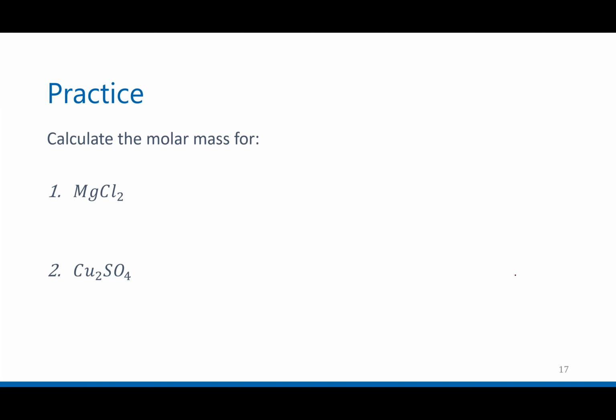So what I do is I look at the mass for magnesium. Let's write that down, Mg. You find magnesium on your periodic table in group 2, and the molar mass is 24.3050. Again, the units for molar mass are grams per mole.